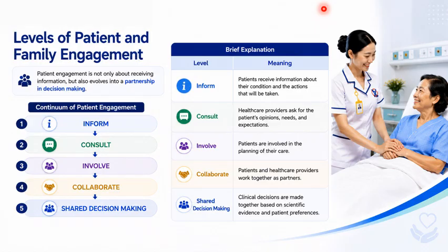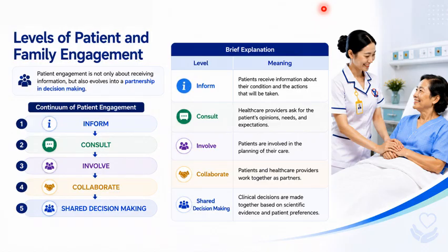The decisions regarding procedures or therapies are made jointly. Healthcare professionals provide information based on scientific evidence, while the patient shares their values, preferences, and goals. The final decision is the result of a discussion and is not a unilateral choice.